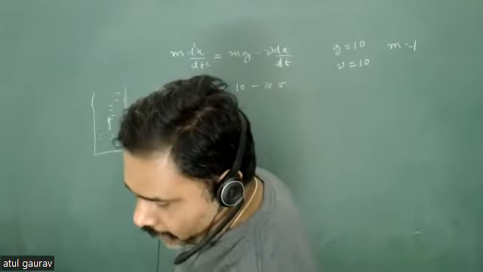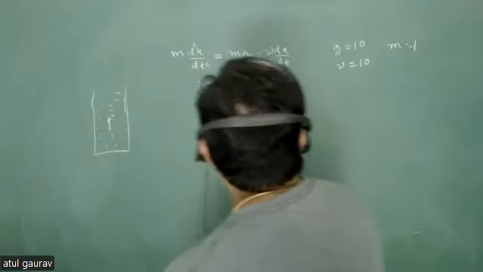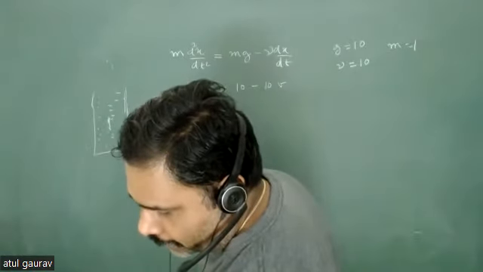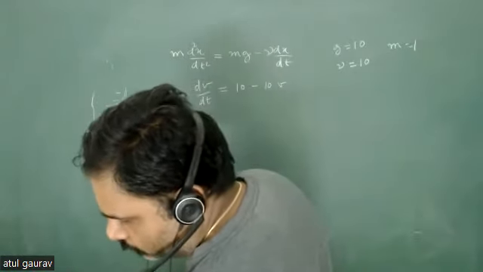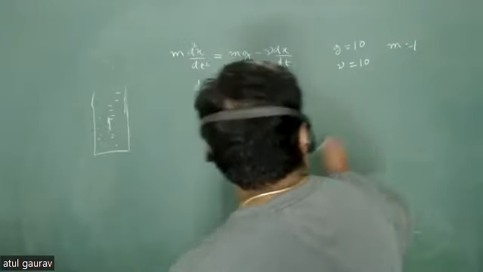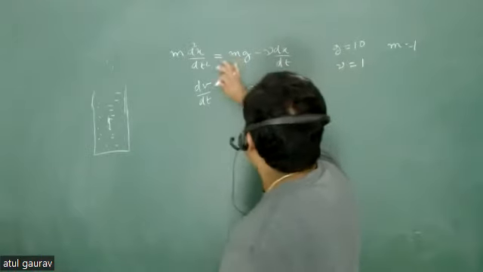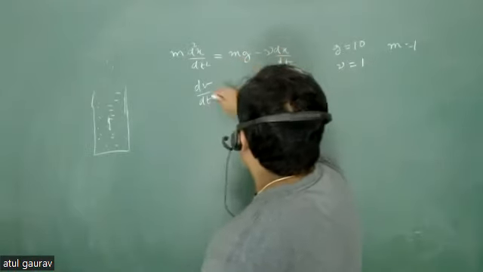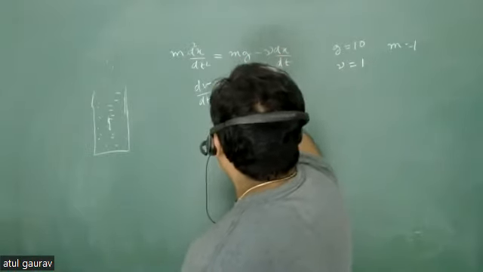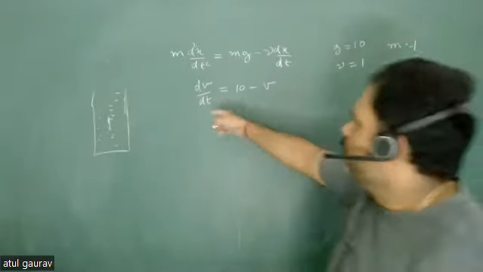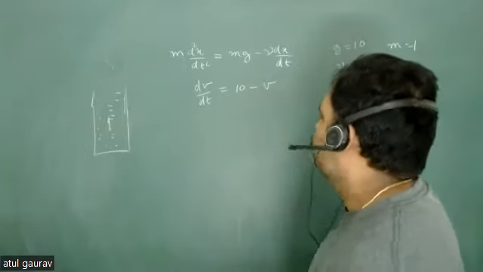Sorry, just a minute, शायद मैंने कुछ पैरामीटर गलत ले लिया है. Just take gamma is equal to 1, है ना? Take gamma is equal to 1. Okay, so this is 10 minus v. So this is actually your exam problem. So dv/dt is equal to 10 minus v.